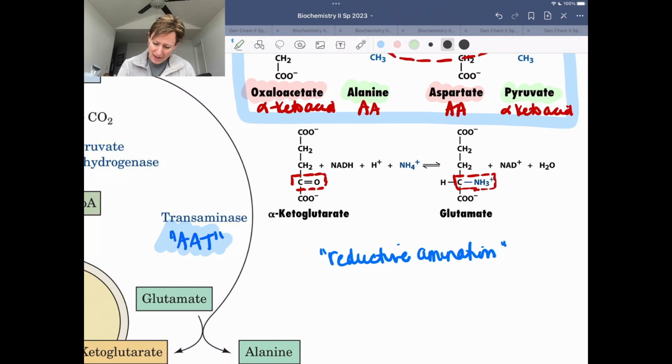Okay, so highlighting here, choosing a different color. Alpha ketoglutarate and glutamate are paired and matched together because alpha ketoglutarate is the alpha keto acid of glutamate. So writing that down here, alpha ketoglutarate is the alpha keto acid, and then we've got our amino acid.